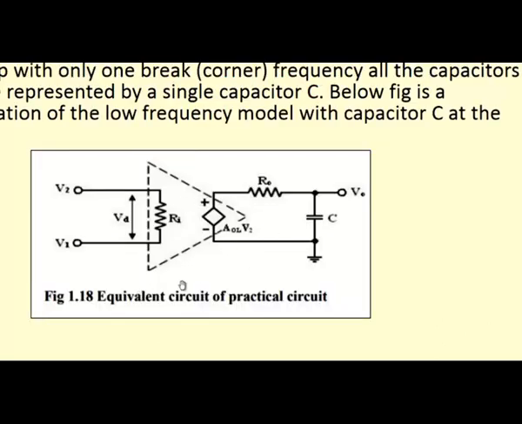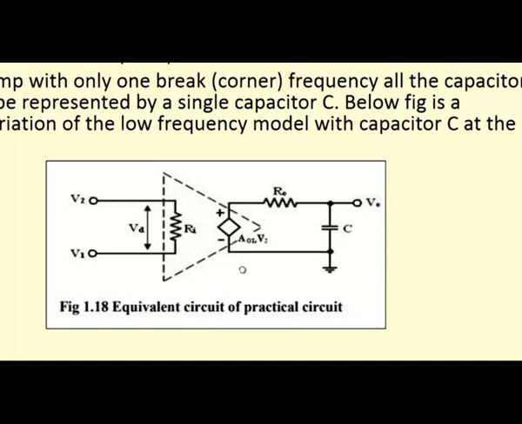Look at the equivalent circuit of the practical operational amplifier. Here the input signals are given and the difference between the input signals is Vd, and this is the internal resistance R1, R0 is the output resistance. Here there is a capacitance at the output, which is imagined as only one capacitance.